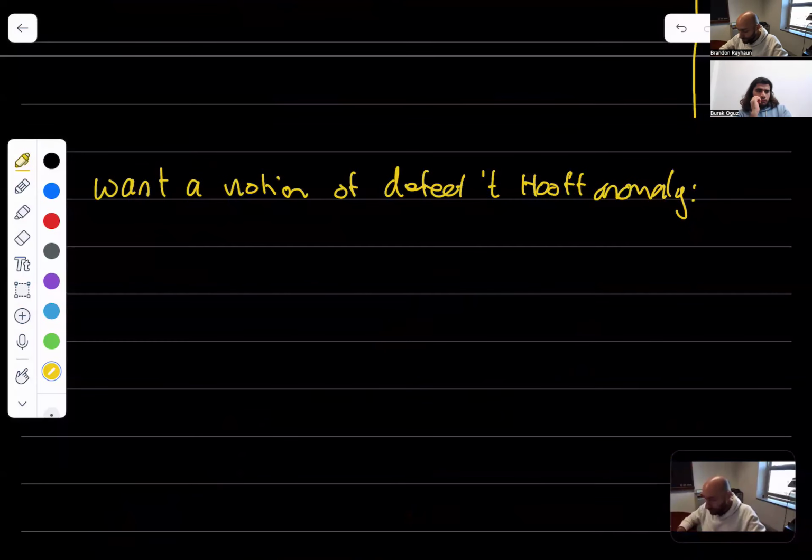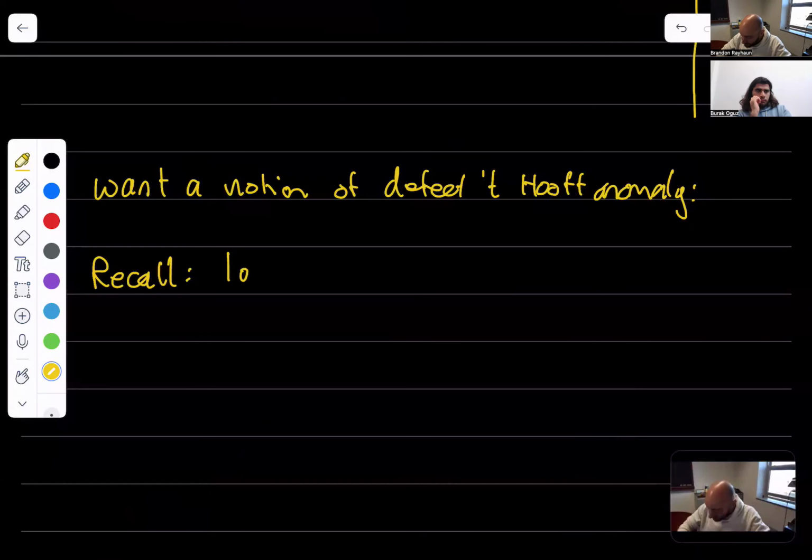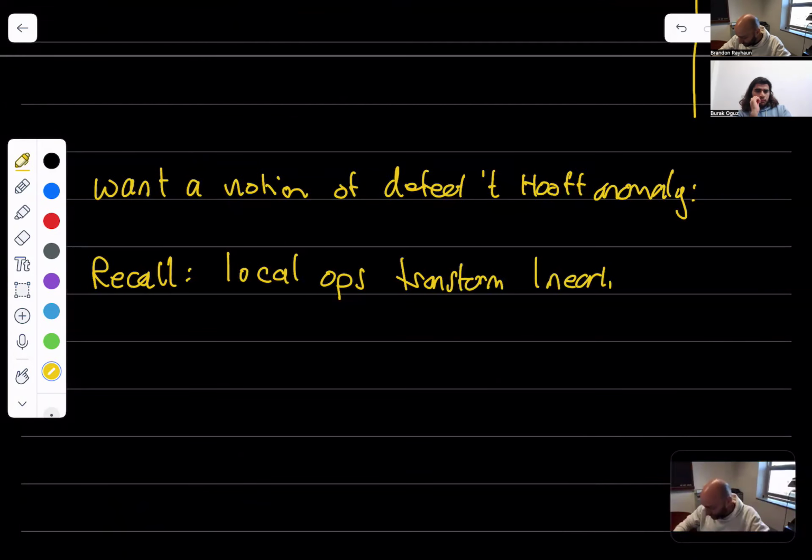So to prepare for this definition, let me remind you that ordinary, genuine local operators transform linearly under zero form symmetries.